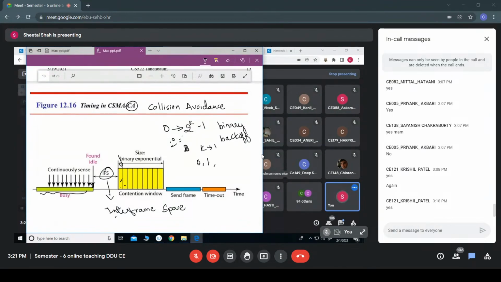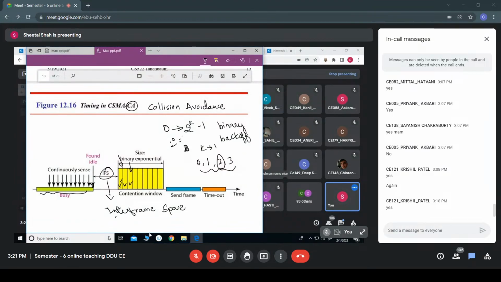So next time it would be 0, 1, 2, 3, so there would be 4 slots, and among these it may randomly choose one, say slot number 2. So after the interframe space, it would wait for slot 0, slot 1, then at slot number 2, it would start transmitting the frame.